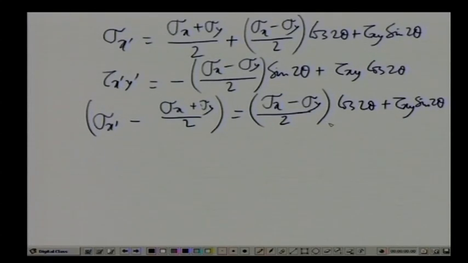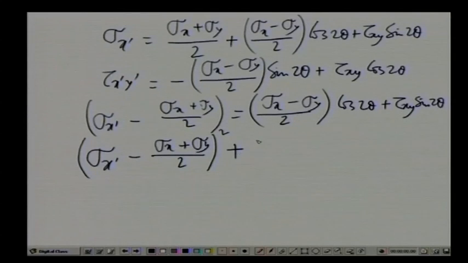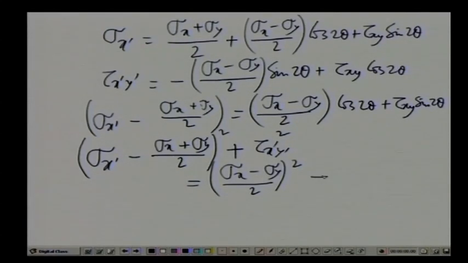Now, if we square this equation and the second equation and add them up, we get [sigma x dashed minus (sigma x plus sigma y)/2] squared plus tau x dashed y dashed squared, which is equal to, if we square this term, [(sigma x minus sigma y)/2] squared, and sin squared 2 theta plus cos squared 2 theta becomes 1, plus tau xy squared, and the other term gets cancelled.